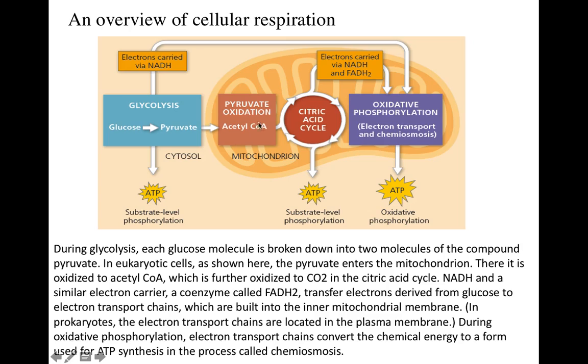Pyruvate is converted into acetyl coenzyme A. Acetyl coenzyme A enters into the citric acid cycle, and two electron carriers, NADH and FADH2, carry electrons from the citric acid cycle to the electron transport chain. Then the next step is the formation of ATP molecules, which are produced by the ATP synthase enzyme. We will study them in detail later.